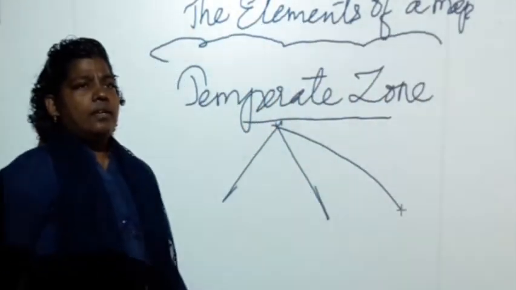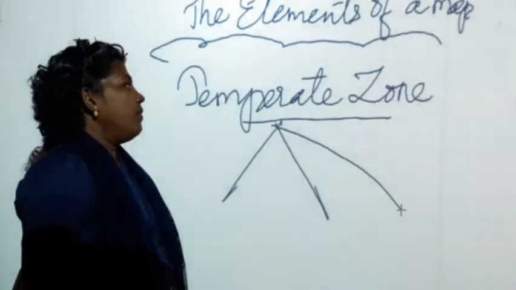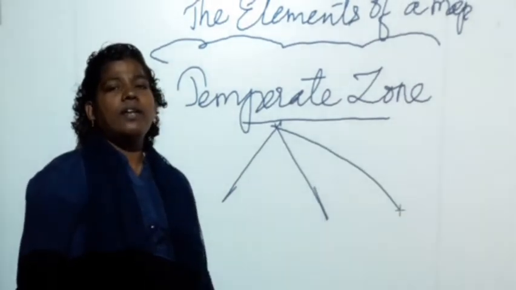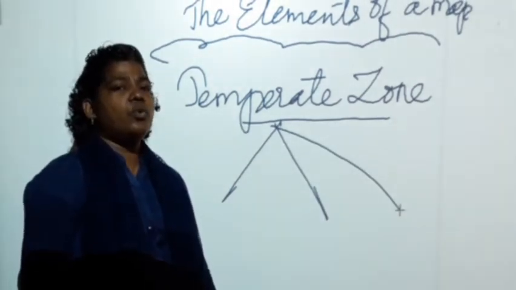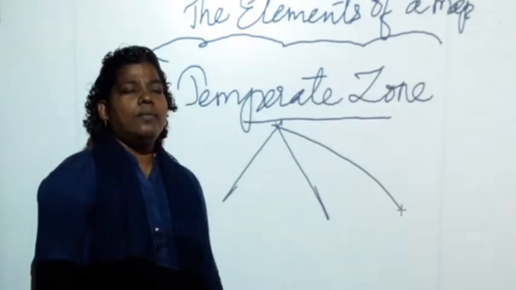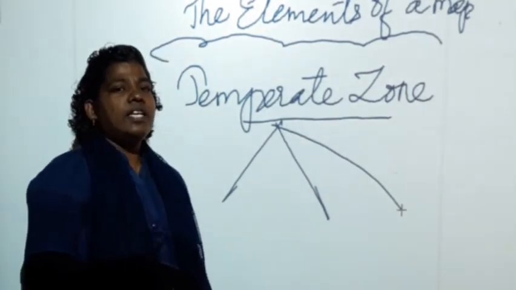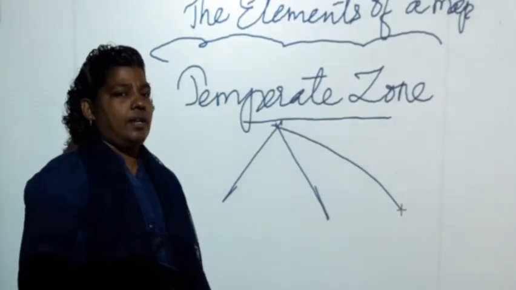When we see the earth, the whole earth is divided into 3 important temperate zones based on how it receives the heat from the sun.